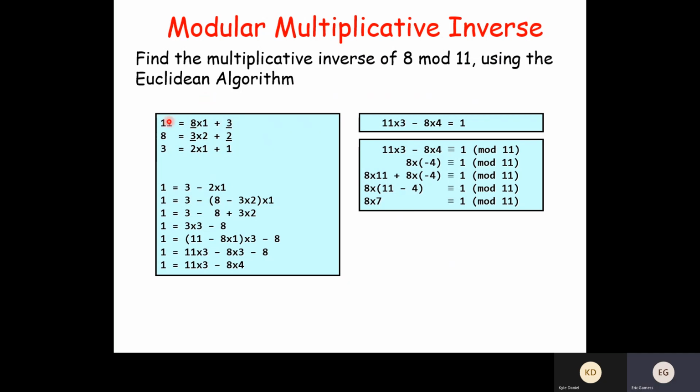So 3 will be 11 minus 8 times 1. I'm going to replace this 3 by 11 minus 8 times 1, times 3 minus 8. So 11 times 3, 8 times 3 minus 8. And this 8 times 3 and this 8 times 1 can be 8 times 4. So this is what I got.